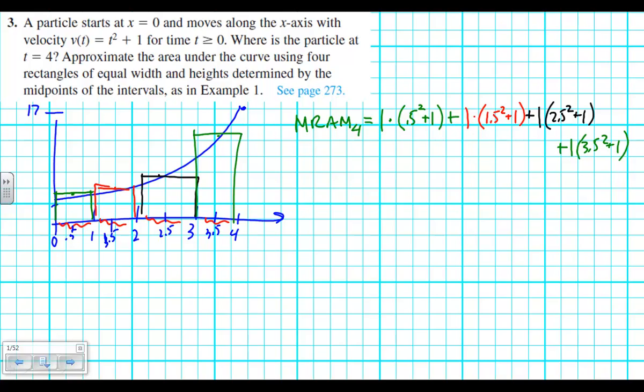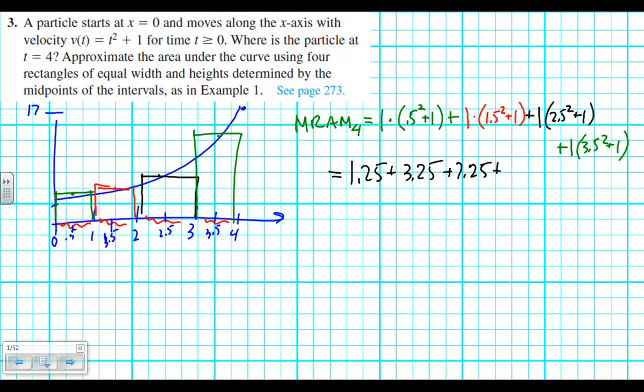Now, if we go and actually do the work here, 1/2 squared is 0.25. 0.25 plus 1 is 1.25. So there's our first rectangle's area. Second rectangle's area, 1.5 squared is 2.25, plus 1 is 3.25. The next, 2.5 squared is 6.25 plus 1 is 7.25.